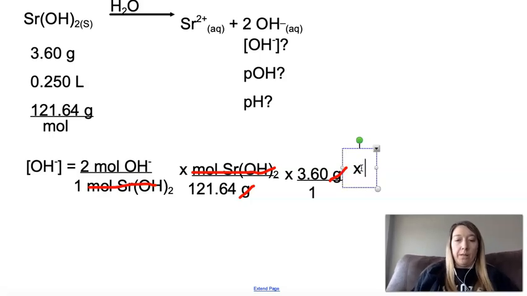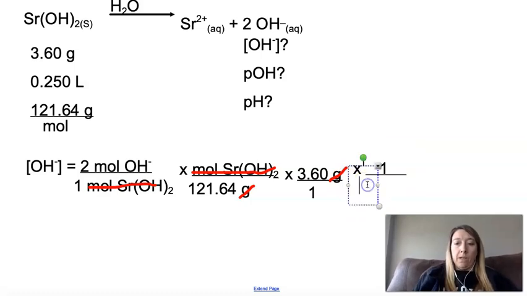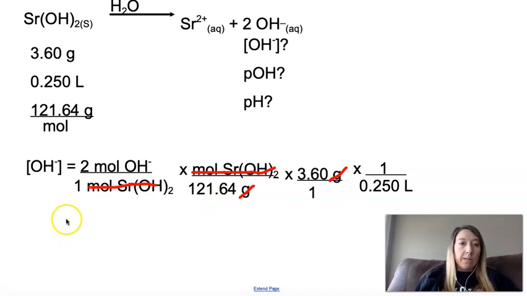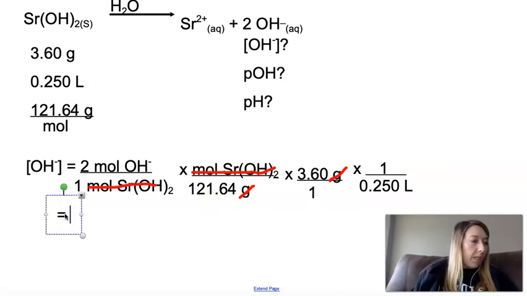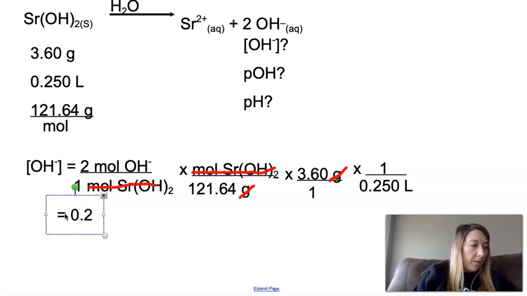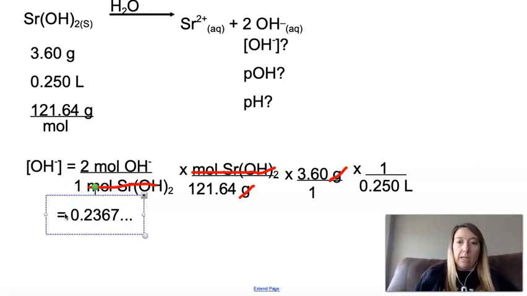So we're going to times by 1 over 0.250 liters. Okay, now we look at all our units, everything cancels. We're left with moles of hydroxide per liter, which is what we are trying to get. Okay, so in our calculator, I'm going to type this all in. Okay, and we are going to get that the concentration is equal to 0.2367, and that number just keeps going.